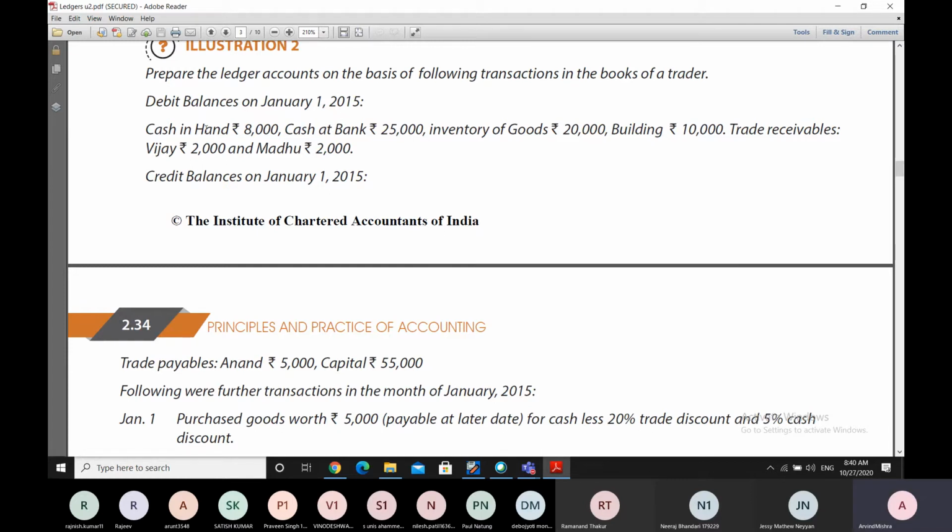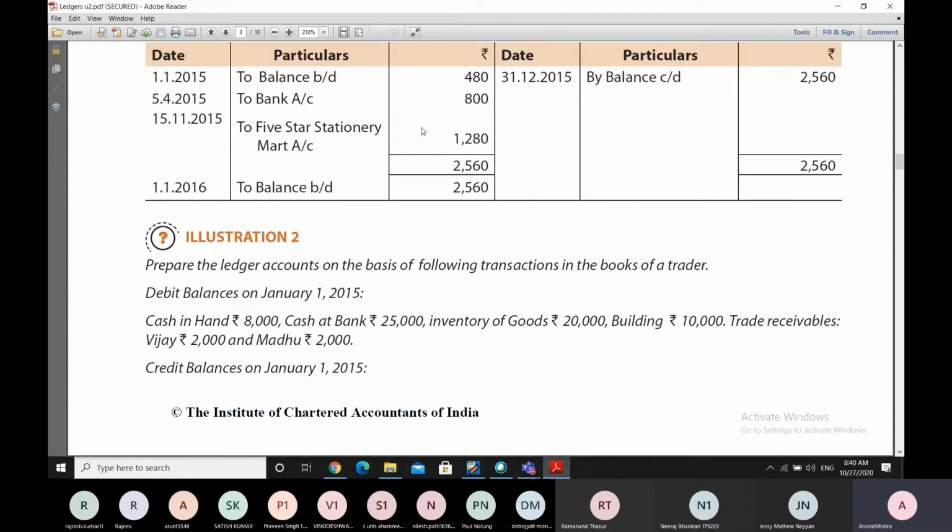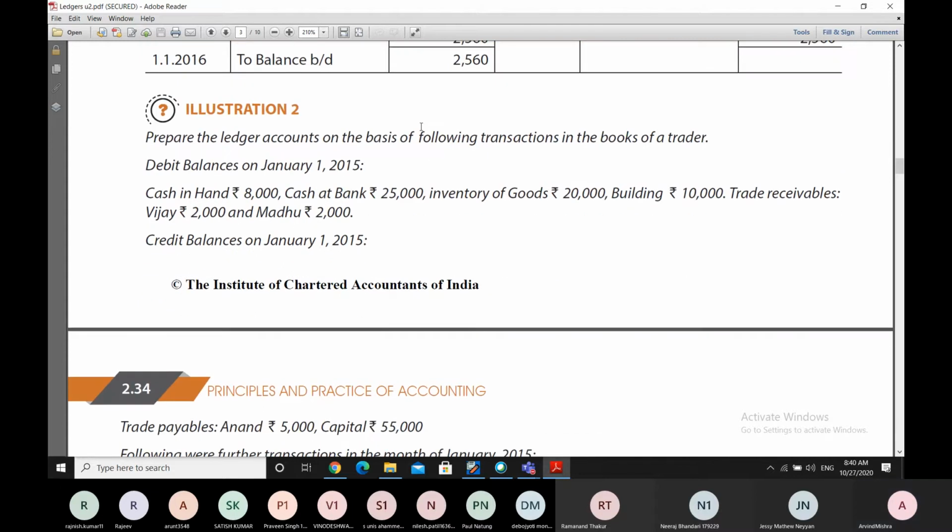For example, cash in hand of 8,000 rupees, cash in the bank 25,000, goods inventory is given 20,000, building value is given, trade receivables.